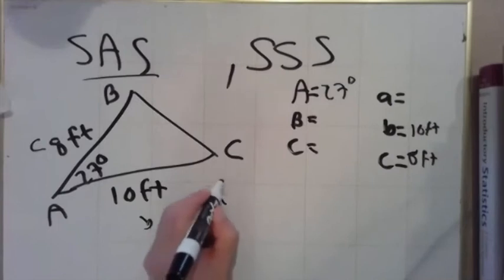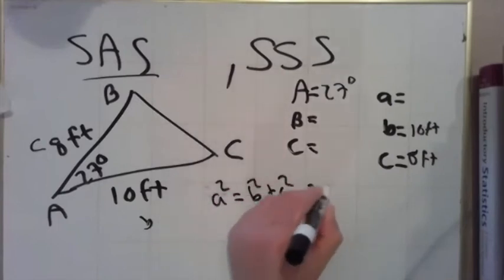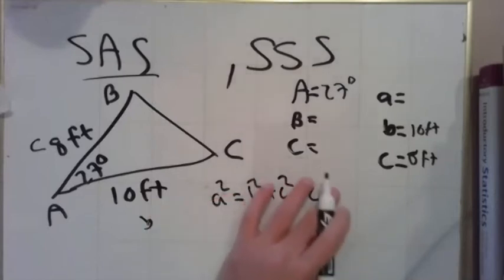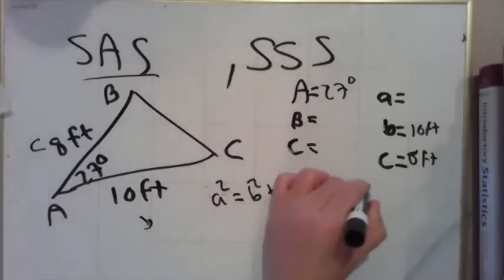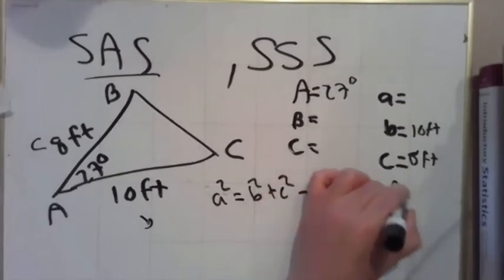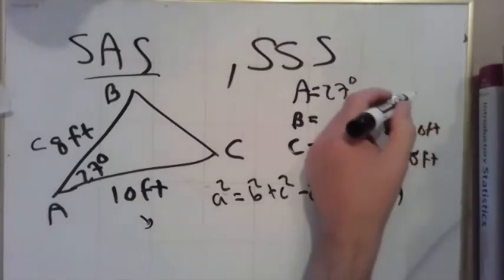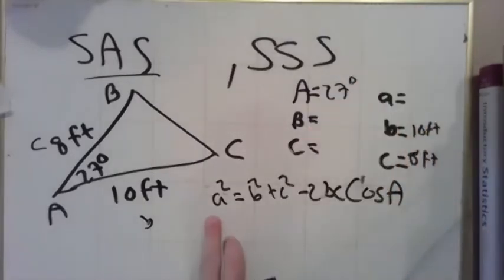And we're going to have to do a squared is b squared plus c squared minus 2bc cosine of A. Little a is the one I'm looking for. So I'm using that version, the one that has the little a in it.